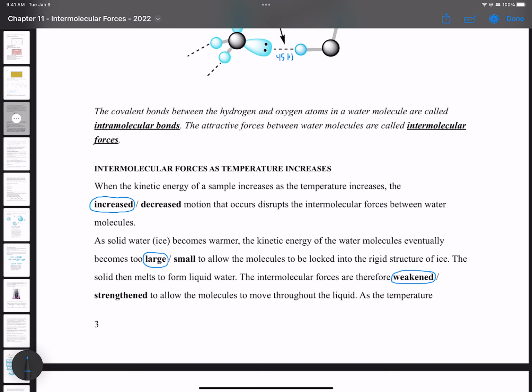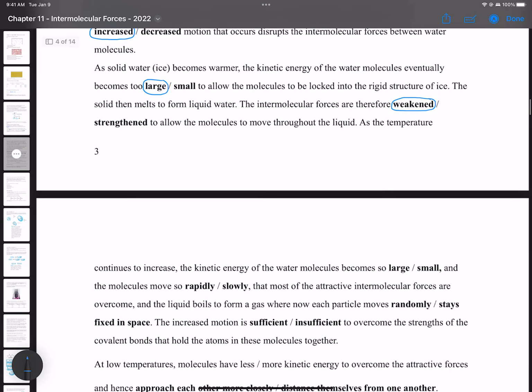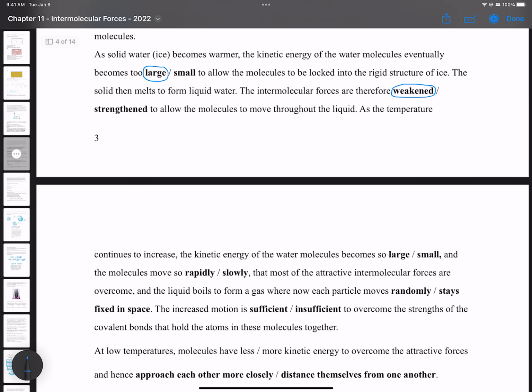Now, as the temperature continues to increase, the kinetic energy of the water becomes so large, and the molecules move so rapidly, that most of the attractive forces are overcome or disrupted.